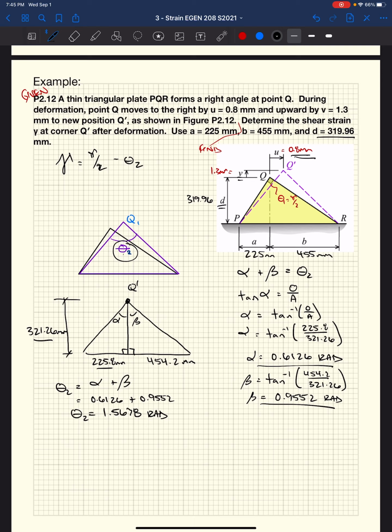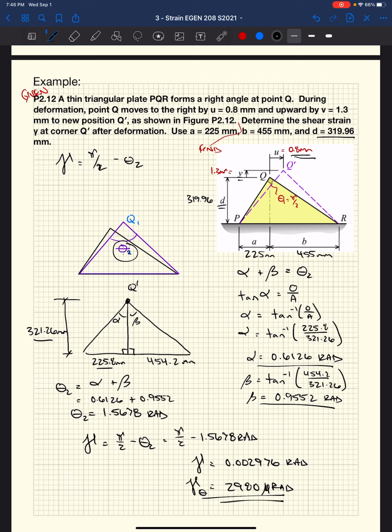We know from up above that gamma, our shear strain, is pi over 2 minus theta 2. Well, that equals pi over 2 minus 1.5678 radians, or gamma equals 0.002976 radians, or we can just round to 2980 micro radians.